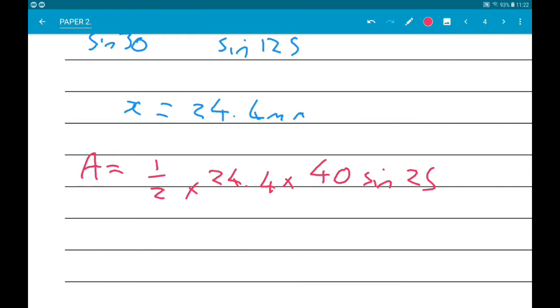Now stick that in your calculator and we should get 206.2 millimeters squared.